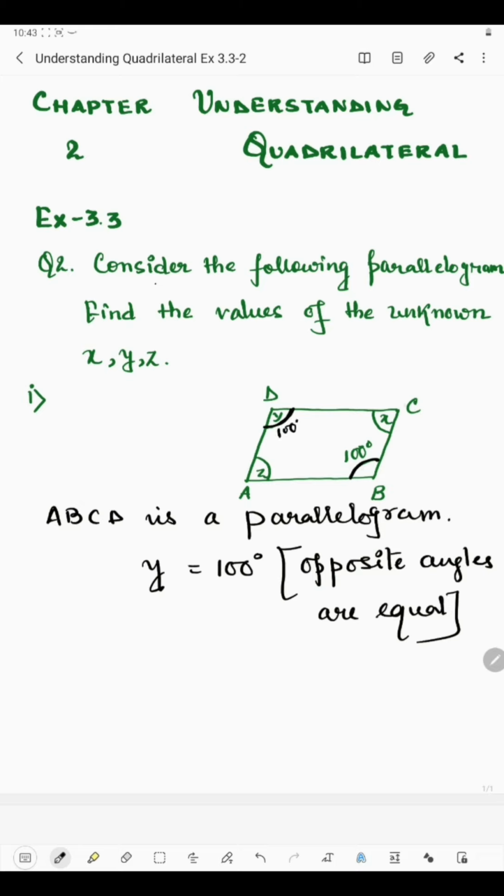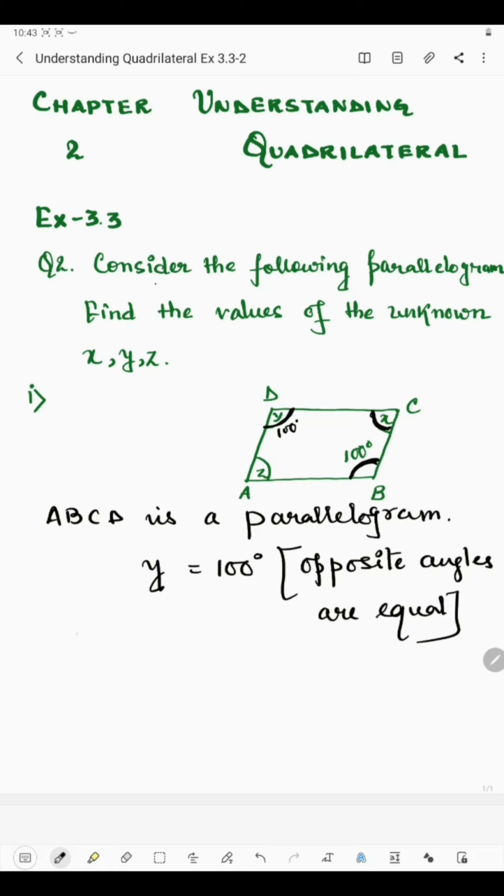Now angle C and angle D, these two are also adjacent. Angle C and angle B are also adjacent, and we know that in a parallelogram adjacent angles are supplementary, means the sum of these two angles makes 180 degrees. So we will take these two as adjacent. It's up to you whether you take C and D, or B and C, to get the value of x.